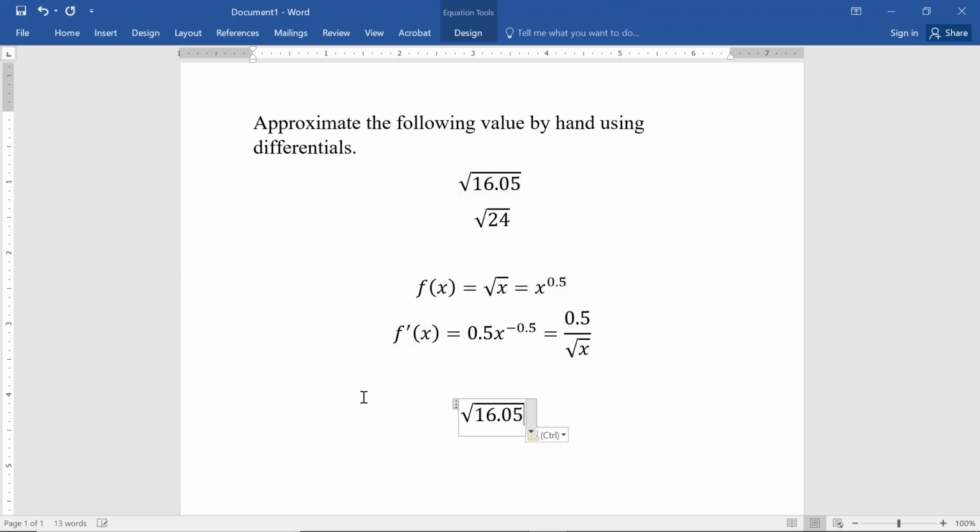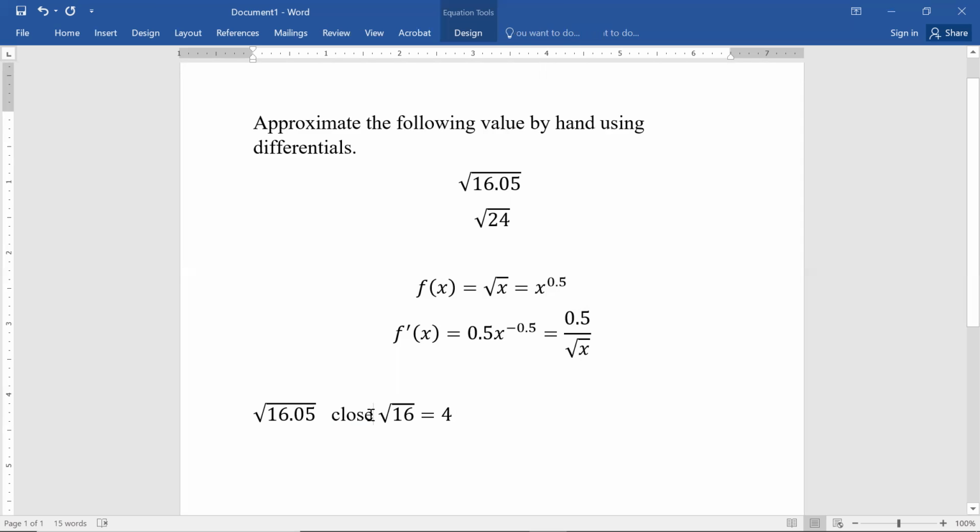If I want to find the square root of 16.05, I say that is close to something that I know. That's close to the square root of 16. I know that the square root of 16 is equal to 4. This is a positive square root.